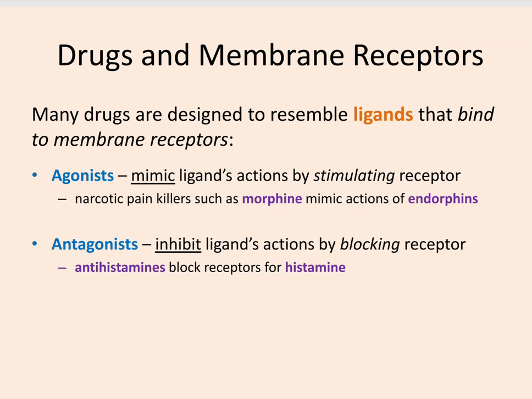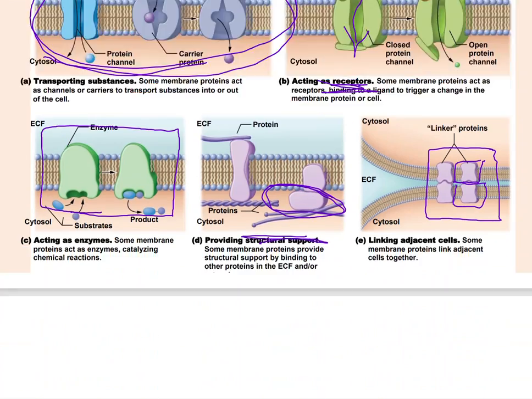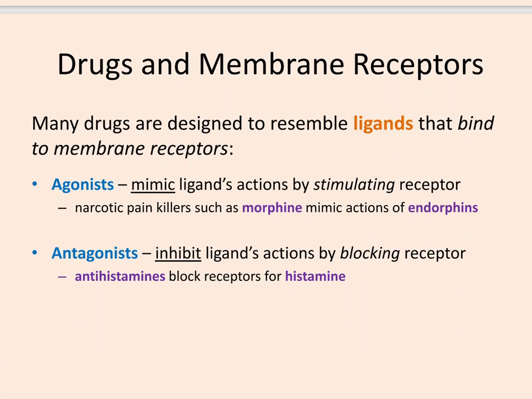Okay, so let's talk a little bit about how some drugs, for instance, can bind to the membrane receptor. So as I mentioned before, some of those proteins that are found in the plasma membrane are going to serve to receive messages and then to be able to transmit those messages inside the cell.